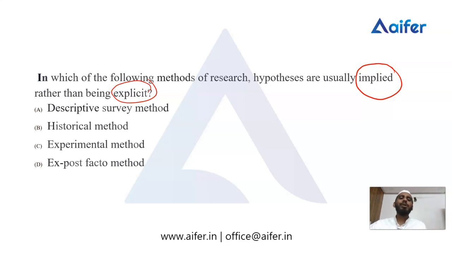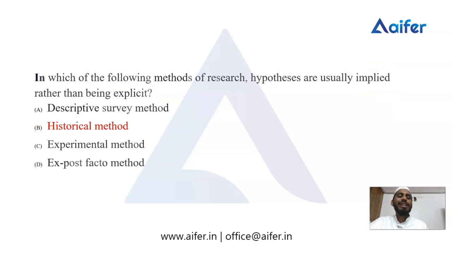But here it asks about hypotheses being usually implied. As we said, only in qualitative research are hypotheses usually implied rather than explicit. So only one of the methods is from qualitative research, that is the historical method. So the answer would be the historical method.